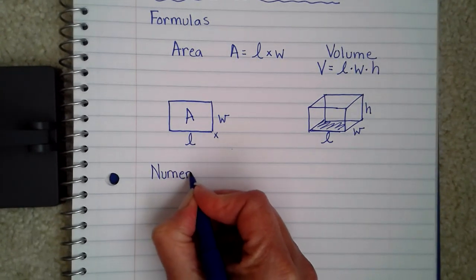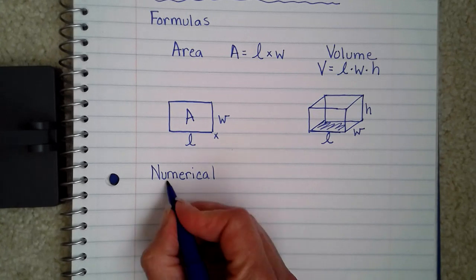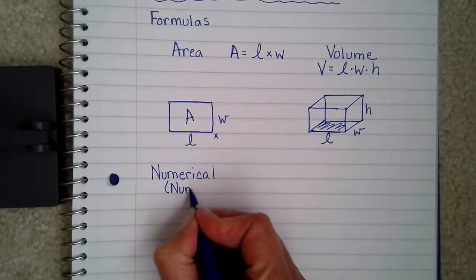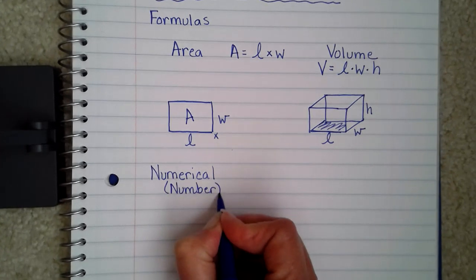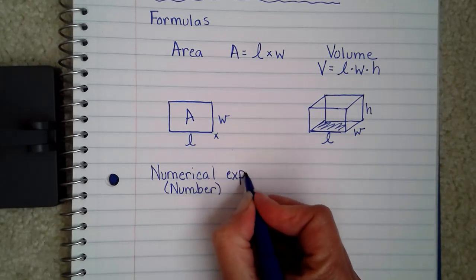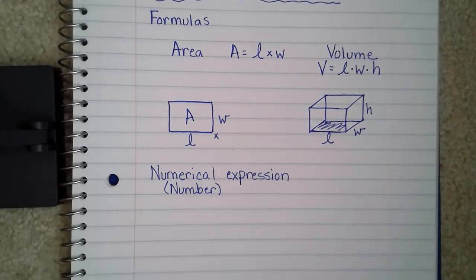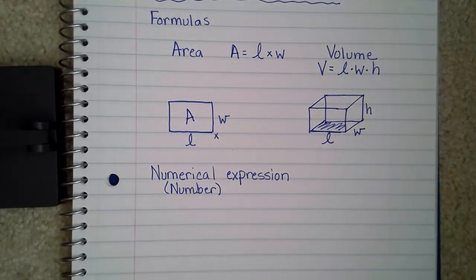Okay. Now it's going to ask you in your homework tonight to find the numerical expression. And if you look at the word numerical, maybe you notice the word number in there, or it reminds you of the word number. And that's really all it is, it's asking you to write down the expression. Remember, expression is a math problem with no equal sign.